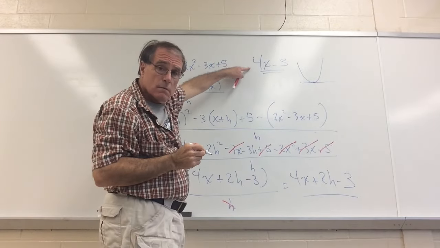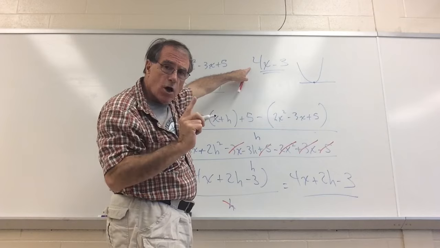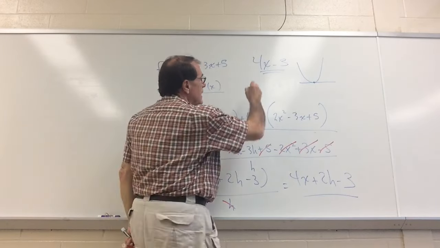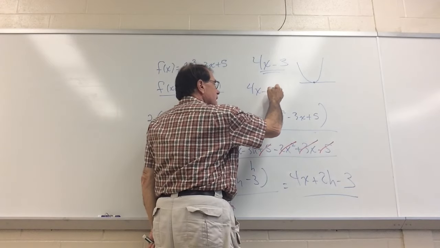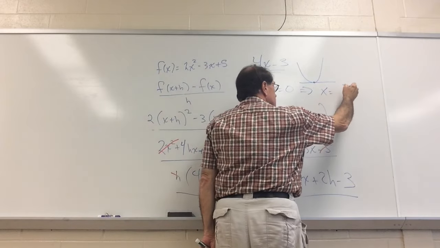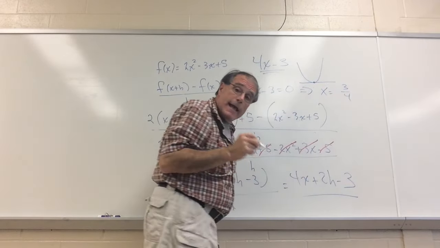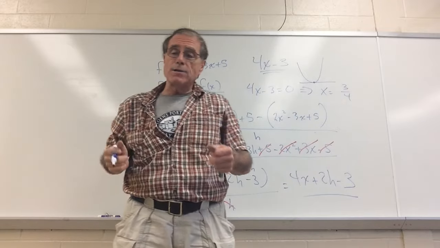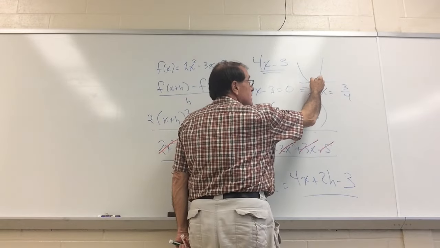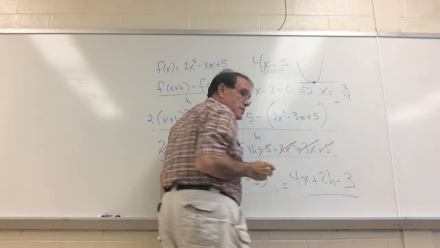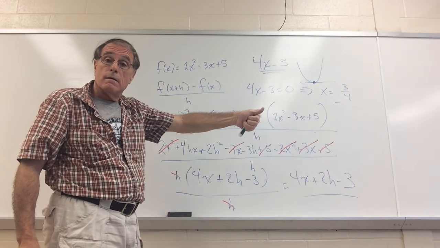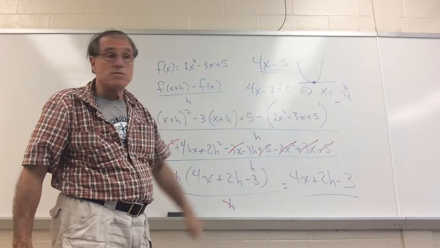This formula tells me the slope of a line at 1 point. So if I take this formula, 4x minus 3, I set that to 0 and solve, it tells me that x is 3/4. And that 3/4 is the x-coordinate of the vertex. Again, that's where the tangent to that parabola has a slope of 0.